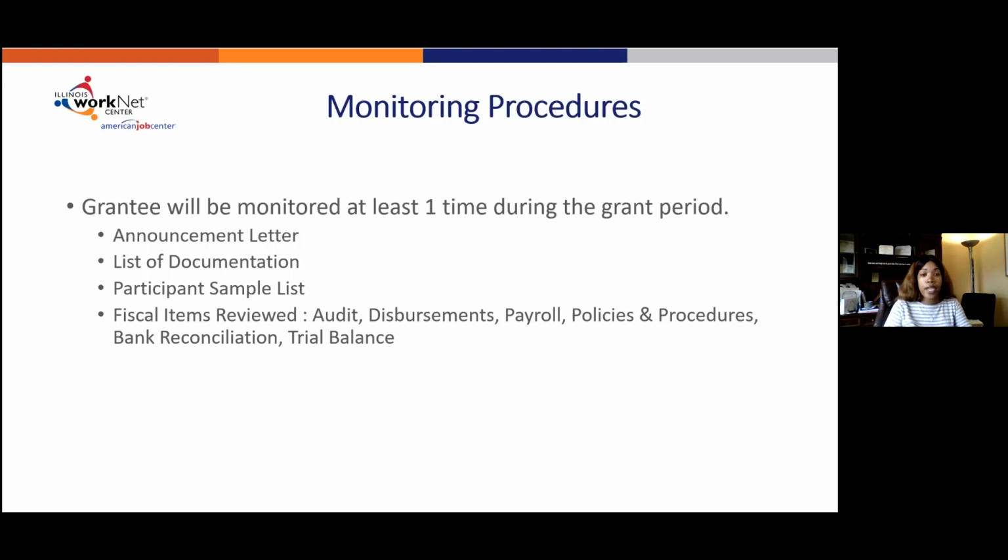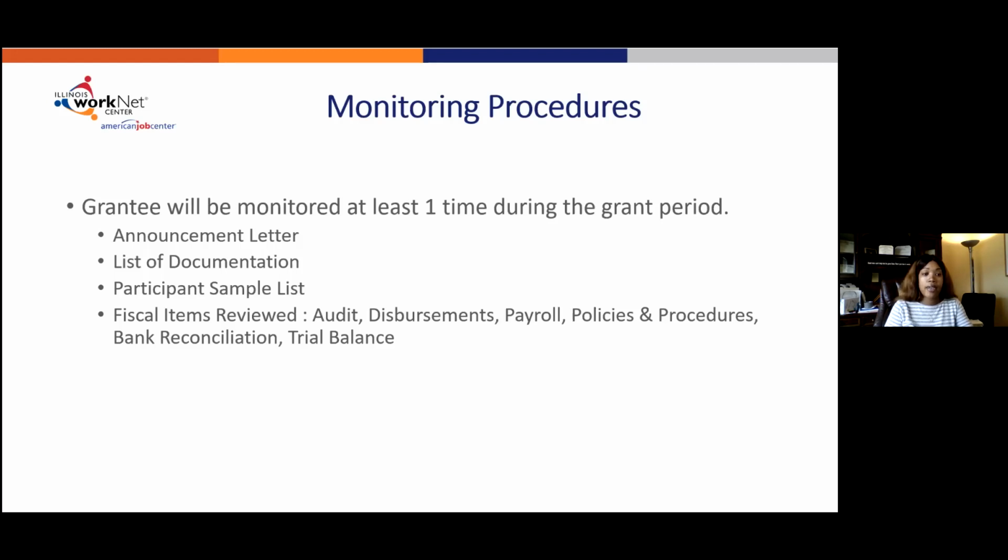We do review payroll to ensure that all of the personnel outlined in your payroll, those compensation and wages, are being allocated appropriately as stated on your approved budget. We do look at policies and procedures, and that is to allow us to get a good idea on how your internal controls and processes function, and we do monitor to see that those policies and procedures are being followed.